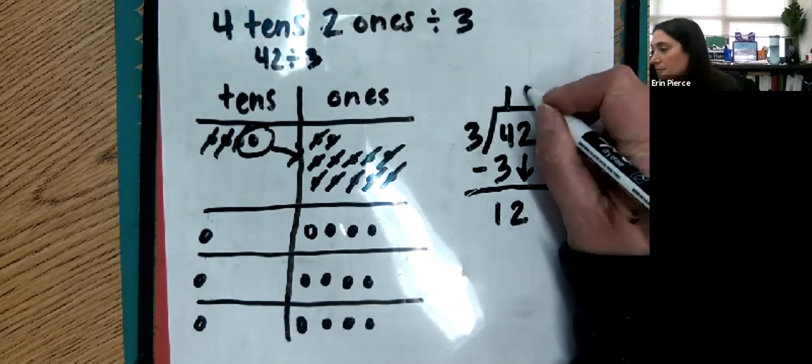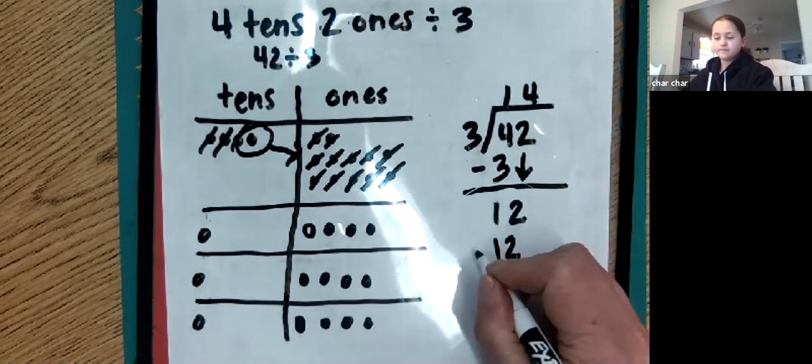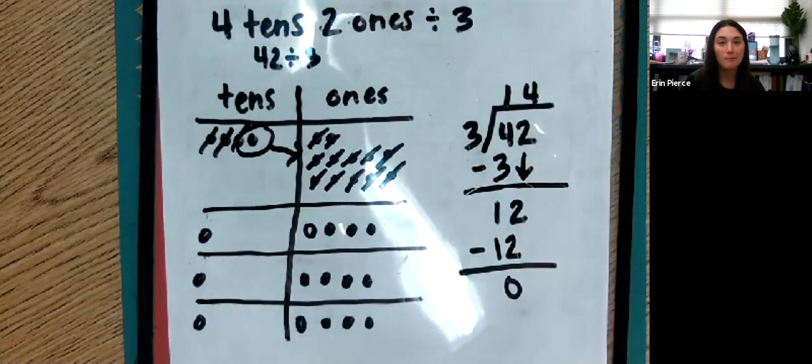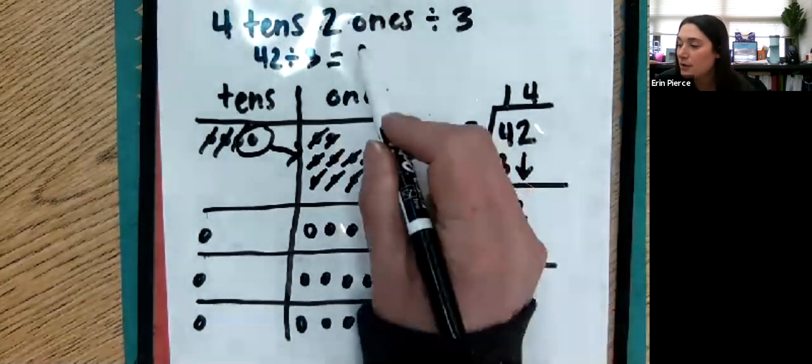Yeah. It is 4. So 4 times 3, 12. I subtract and I get 0. 0 is my remainder. 42 divided by 3 is 14.